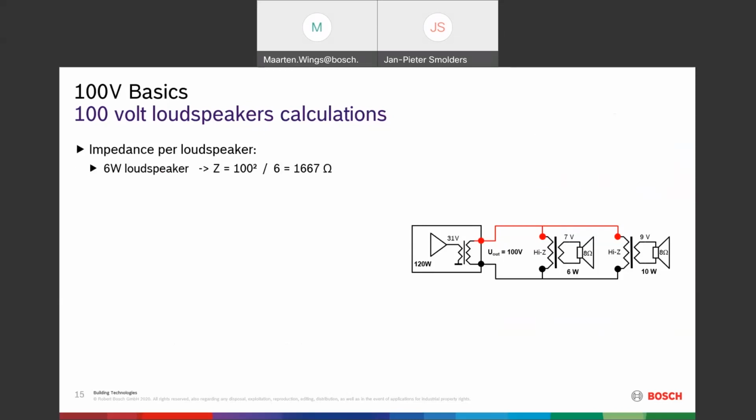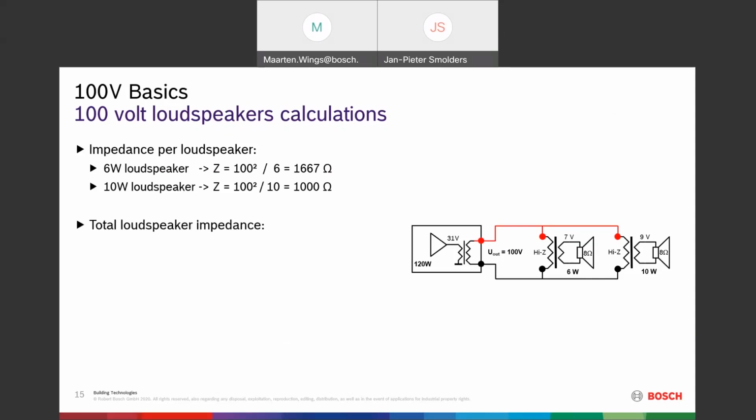If you transform this equation, you'll see that this 6-watt loudspeaker will have an impedance of 1667 ohm. So if you see one of those high impedances, it's really common. This is a 6-watt loudspeaker. And for a 10-watt loudspeaker, the impedance will be then 1000 ohm.